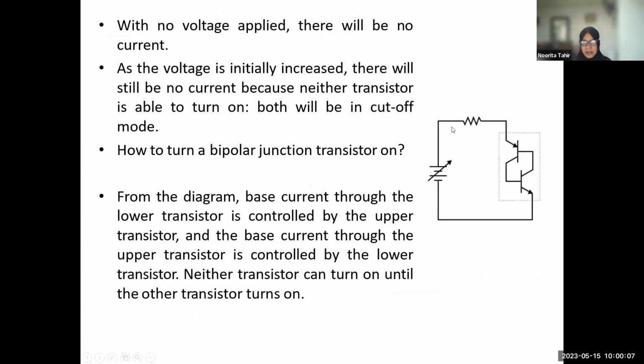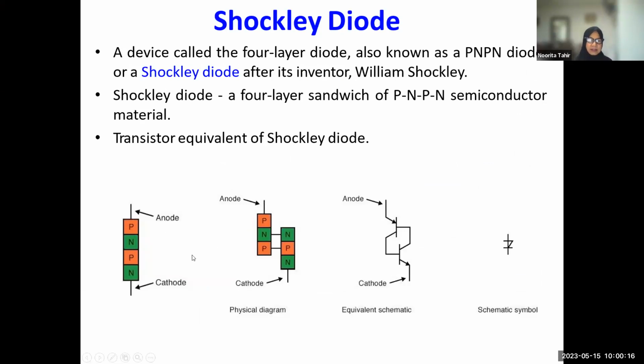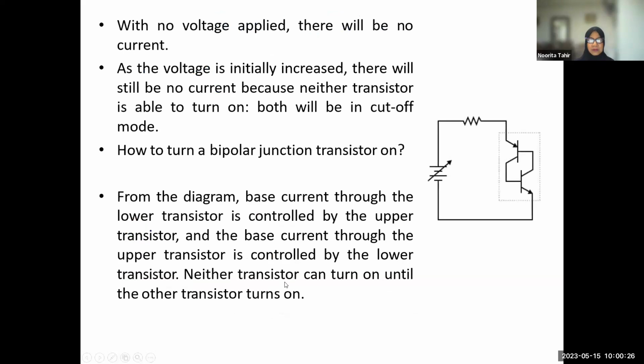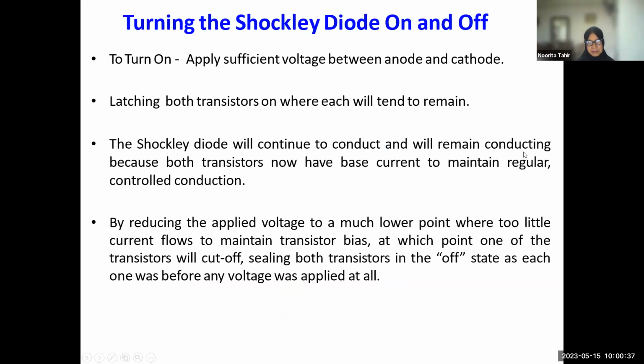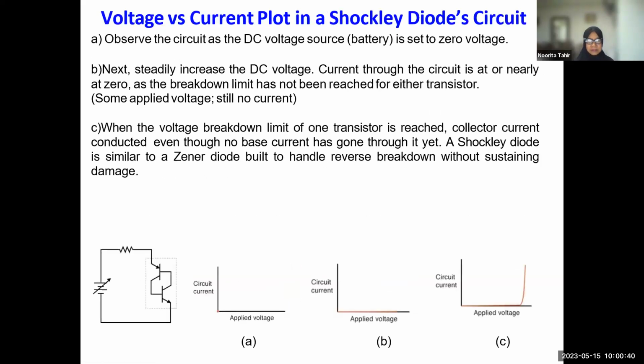This is the diagram where it is actually two transistors connected back to back, but there is no gate. This is the physical structure. It has anode and cathode, but it doesn't have a gate. So it will be activated once the base of the transistor activates, then it will activate the above transistor. That is the Shockley diode.